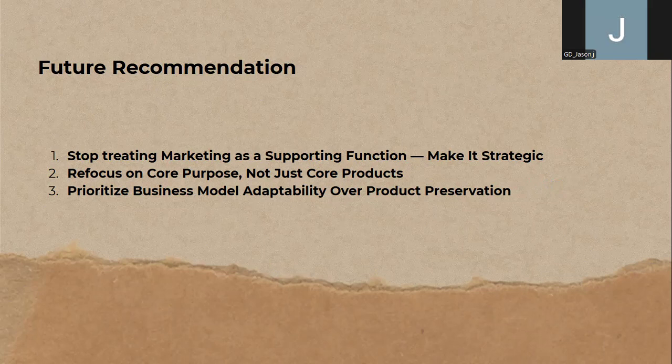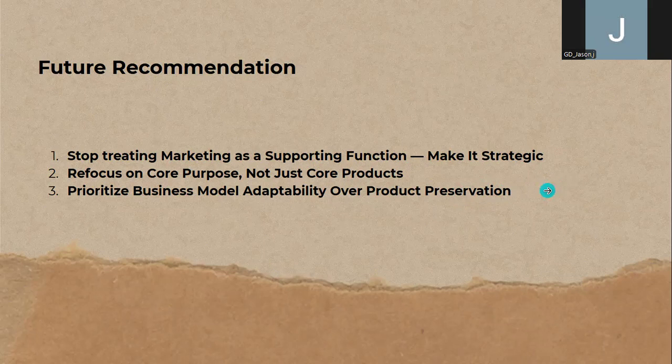And two, they should refocus on core purposes, not just core products. This aligns with the marketing concept: customer orientation is bigger than product orientation. Kodak failed because it defined itself by its product, which is film, not its value to customers, which is capturing memories. A marketing class would highlight how strong brands evolve with changing customer needs, not fixed product lines. And the third one is to prioritize business model adaptability over product preservation.